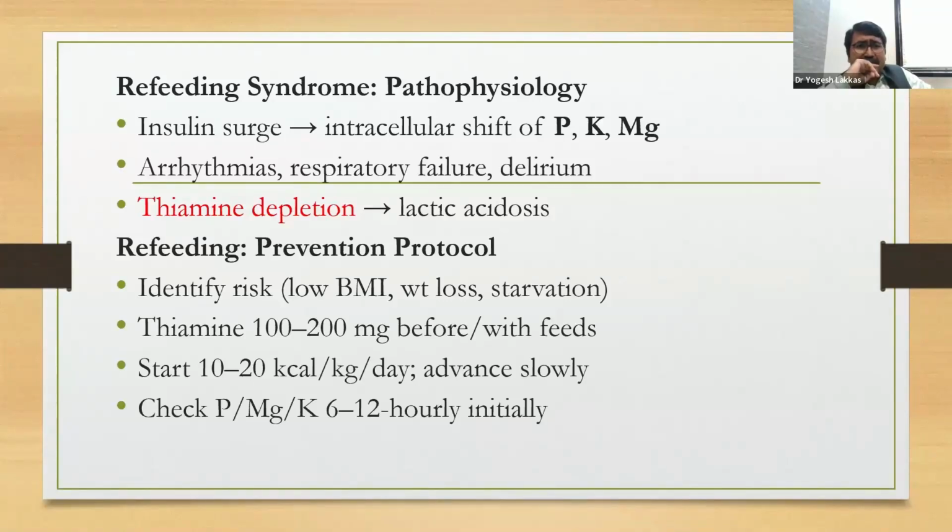It is an insulin surge that leads to intracellular shift of phosphorus, potassium, and magnesium, and this is one of the deadliest complications of feeding a patient. In a high-risk patient, one will definitely have to be very cautious while starting the nutrition, and hypocaloric nutrition will matter here.